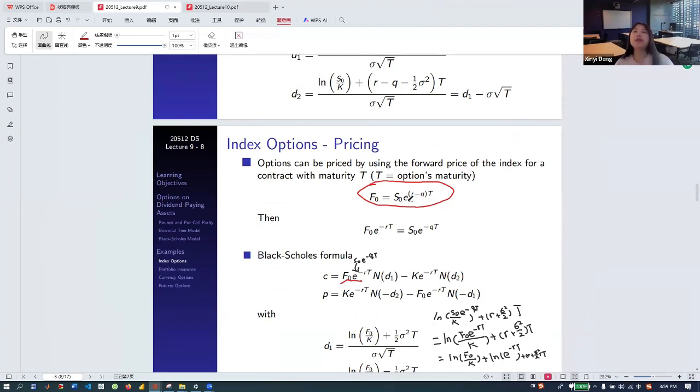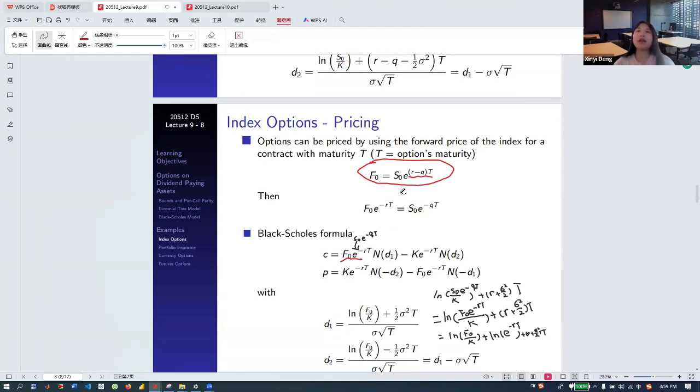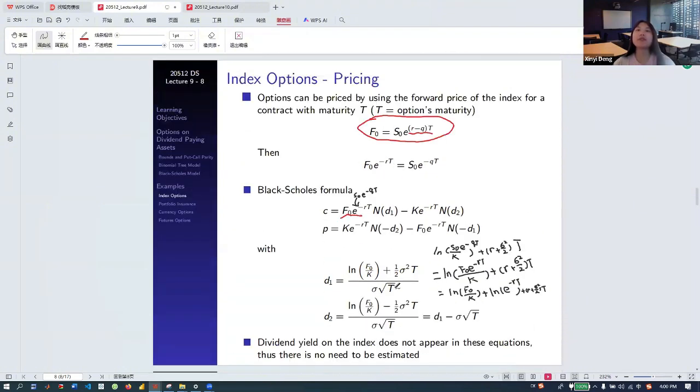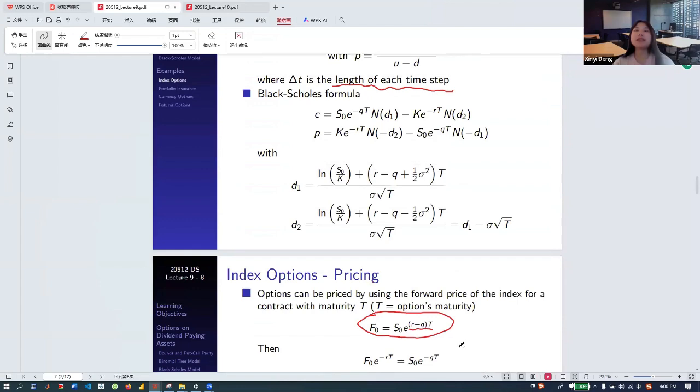So F0 is equal to S0 times e to the power of r minus q times T. We rearrange terms of the equation and then plug it into the Black-Scholes model. Let me show you how.